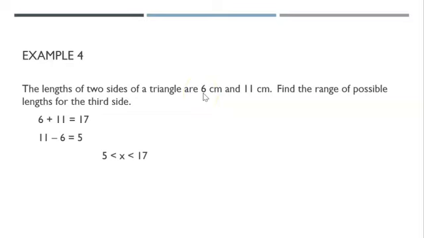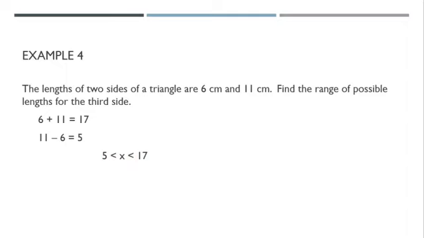So if I find the difference of 11 and 6, I know the smallest it could possibly be. So it has to be more than 5. So that's the reasoning going on here. But if you just remember, I add them and I subtract them, and then I say that it's between those two numbers. So you can write it as an inequality, or you can literally write between 5 and 17.